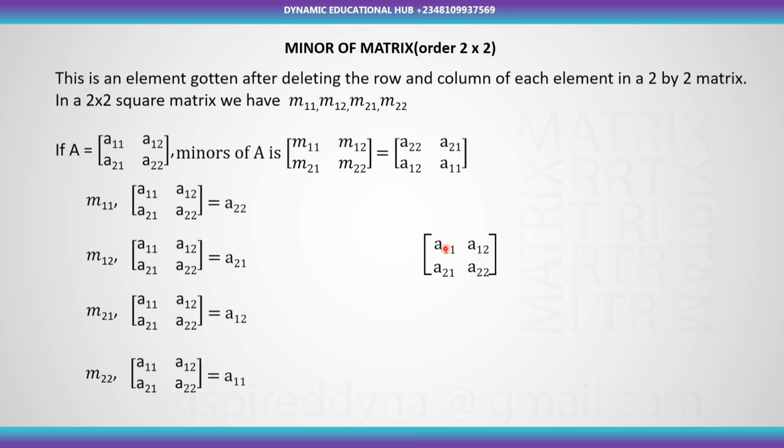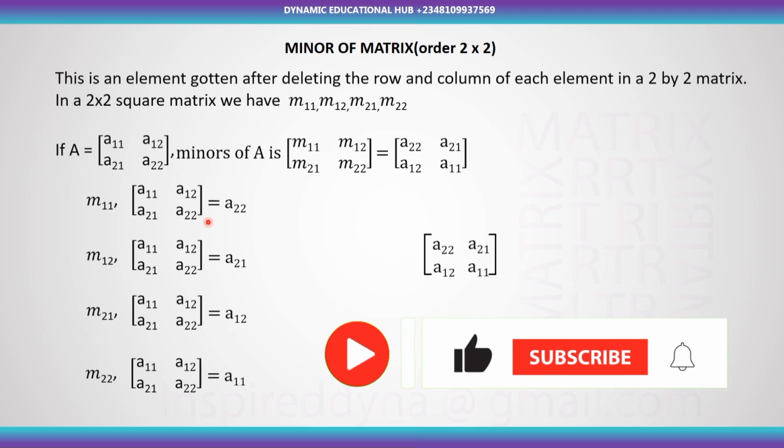We have a swap along the diagonal. At the end of the day, if you swap the diagonal, you get your minors. Swapping of diagonal in 2 by 2 will lead to minor of 2 by 2. Instead of deleting and getting this, if it is 2 by 2, just swap.